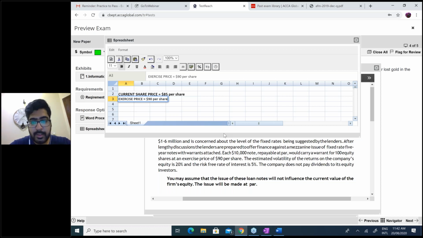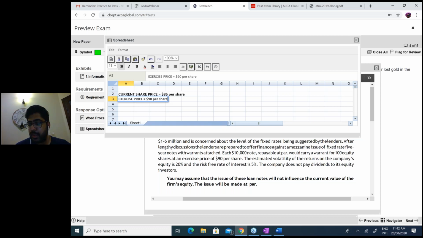The estimated volatility of the returns on the company's equity is 20%. Volatility is standard deviation. Okay, it's 20%. And the risk-free rate of interest is 5%. So risk-free rate, it's 5%.